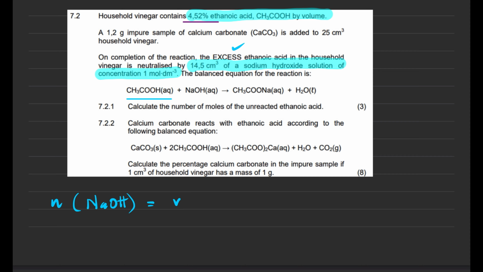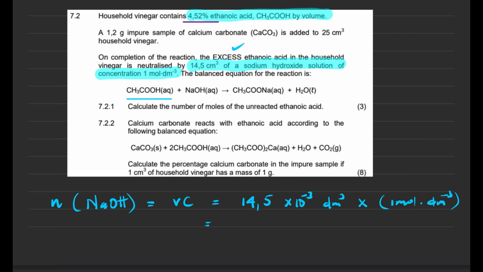So we've got volume multiplied by concentration. So the volume is 14.5. That is cubic centimeter. It's the same as milliliter. So to convert that to decimeter cubed or liters is times 10 to the negative 3 decimeter cubed. You multiply this by the concentration. The concentration is 1 mole per decimeter cubed, okay?